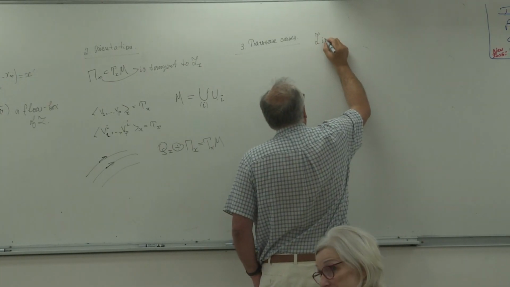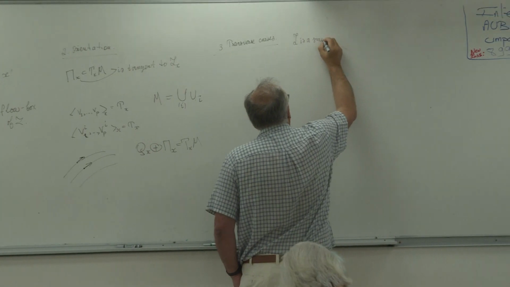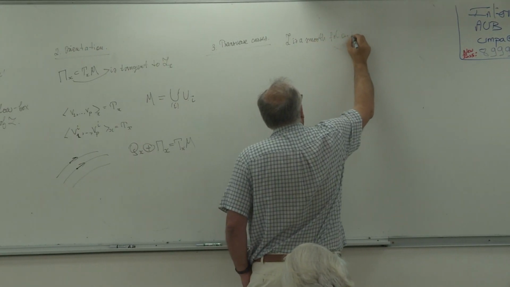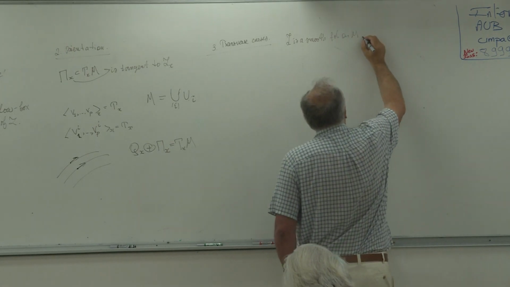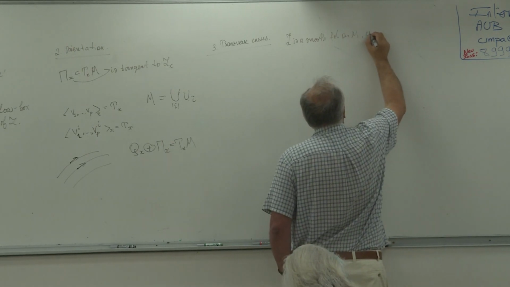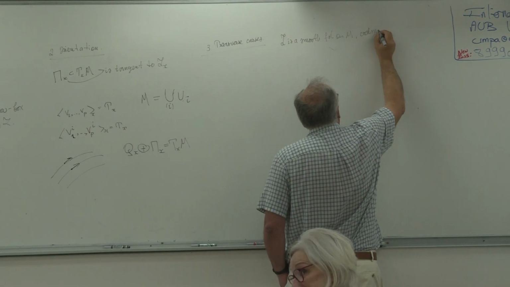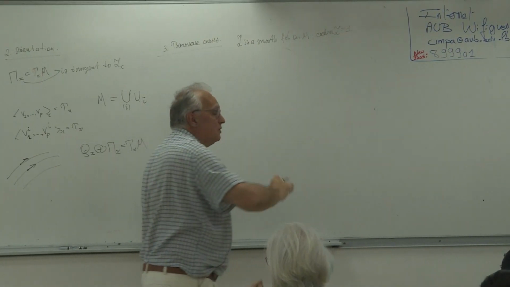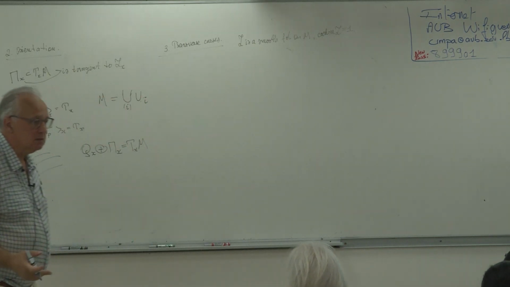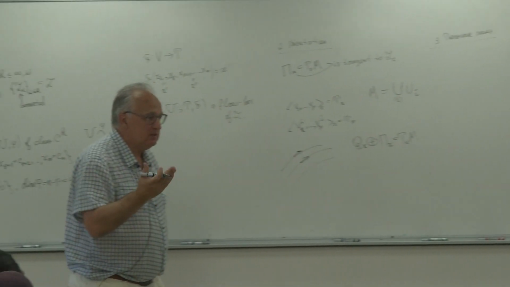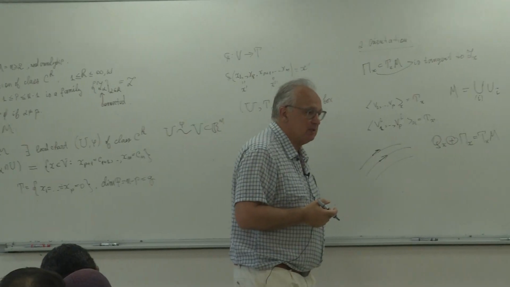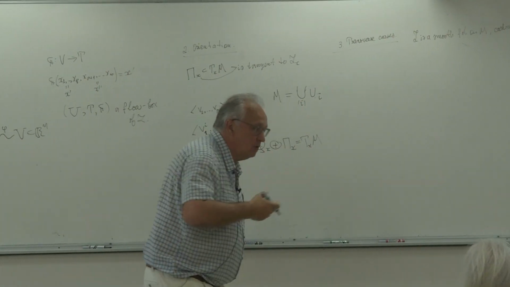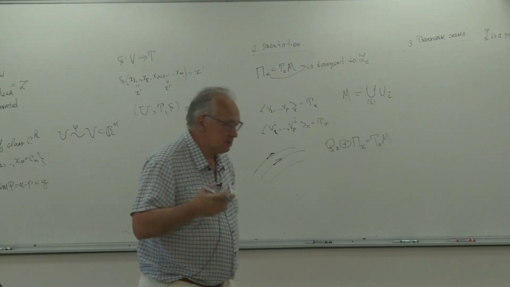L is a smooth foliation on M, and the codimension of L is 1. So if the dimension of M is n, the dimension of leaves is n minus 1. Okay, codimension 1. So foliation locally by hypersurfaces.